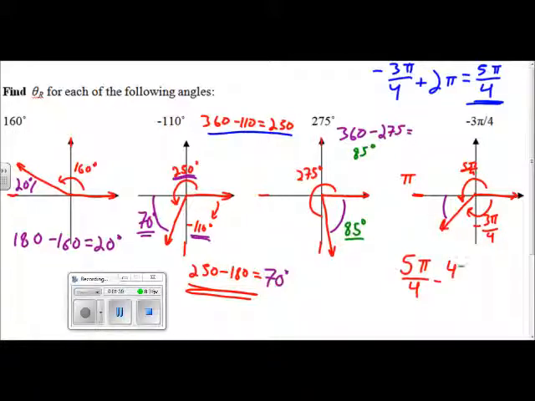I'm just going to quickly change that to 4 pi over 4, because 4 over 4 is still 1, in which case 5 pi over 4 minus 4 pi over 4 comes to 1 pi, or just pi, over 4. So our reference angle is going to be pi over 4. And that's how we would find reference angles.